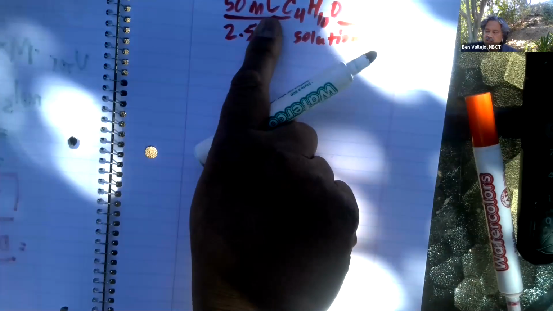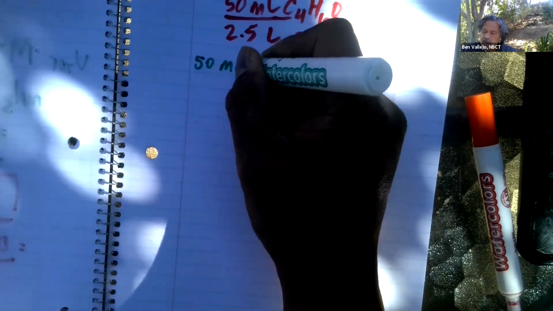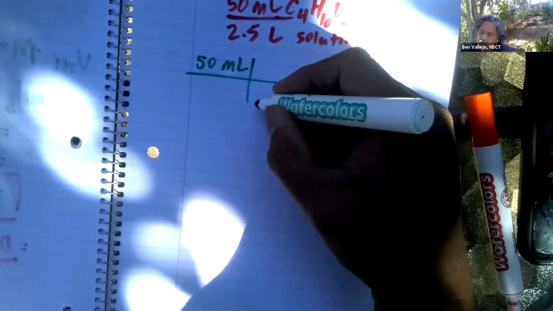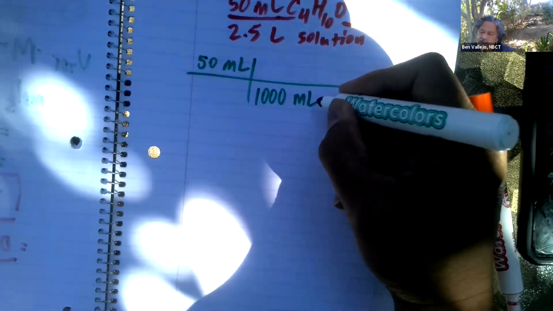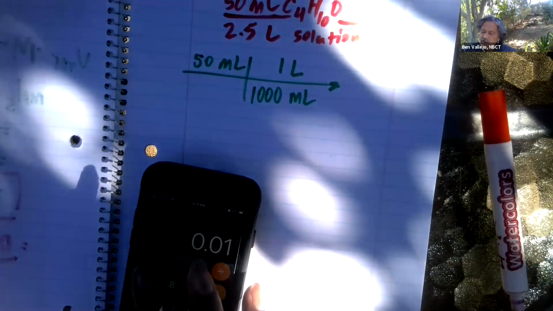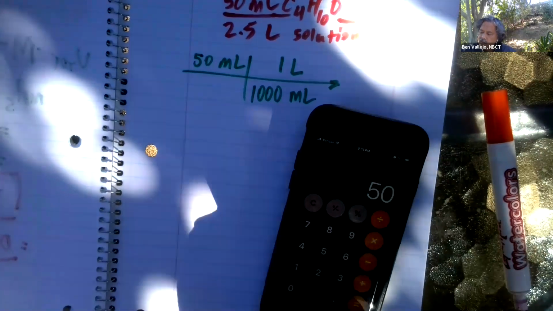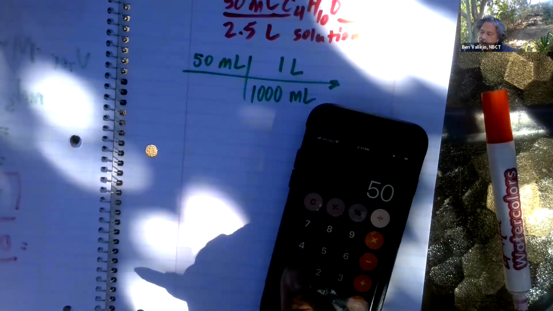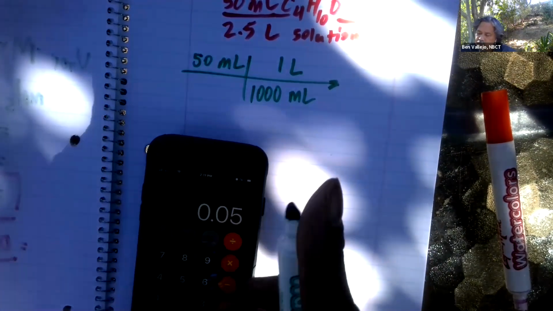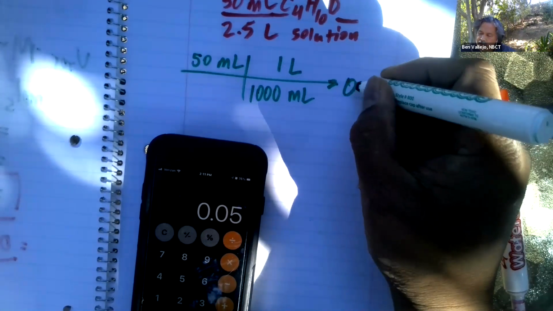If we want to convert this to liters, then we have 50 milliliters, and the conversion factor is 1,000 milliliters in 1 liter. Then that'll give us the top value of 50 divided by 1,000. And there it is, like I said, 0.05.